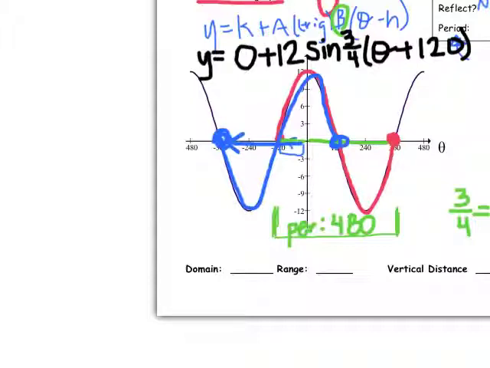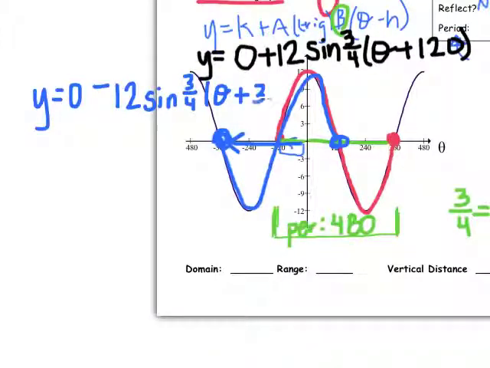So it's really not that hard to get the next equation. This blue equation, I'm going to reflect it, and I'm going to say, well, now I've gone left 360. So y equals 0 minus 12 sine 3/4 theta plus 360 still. So once again, what's changed is because I reflected it's here, and I went left 360.